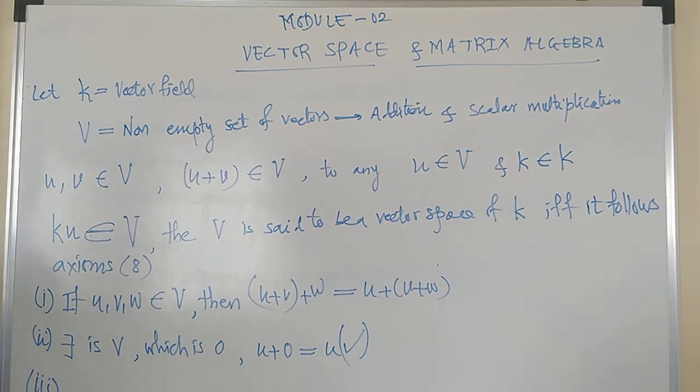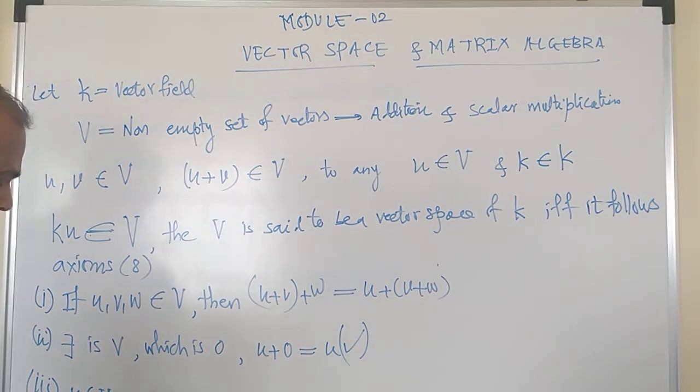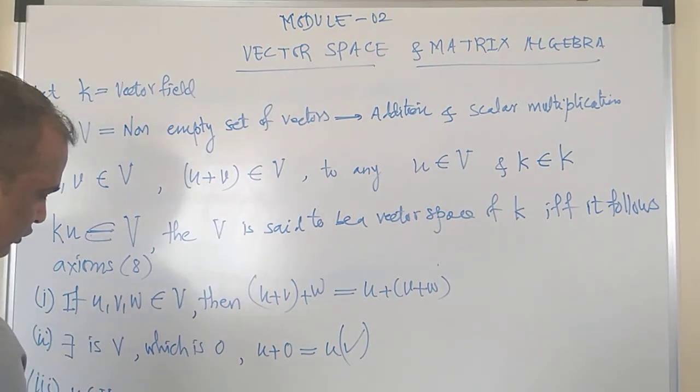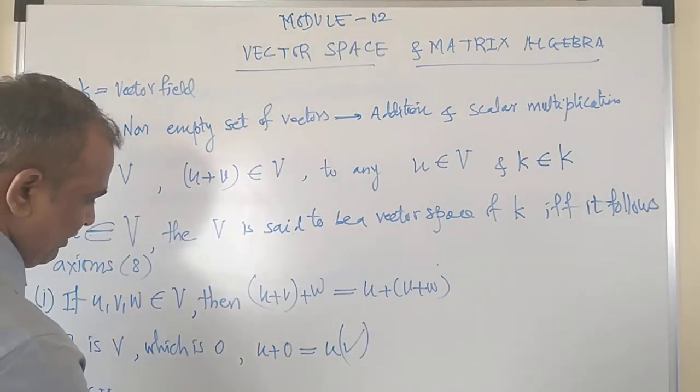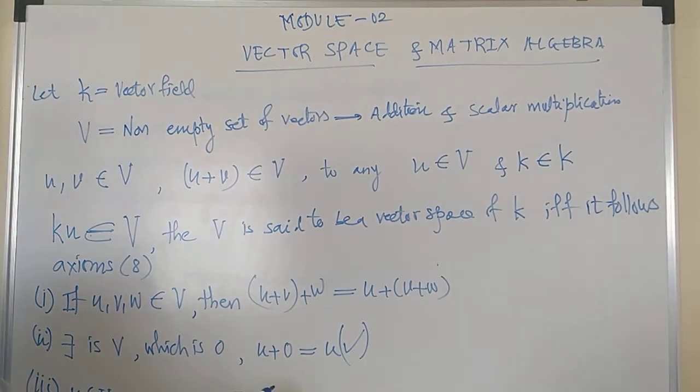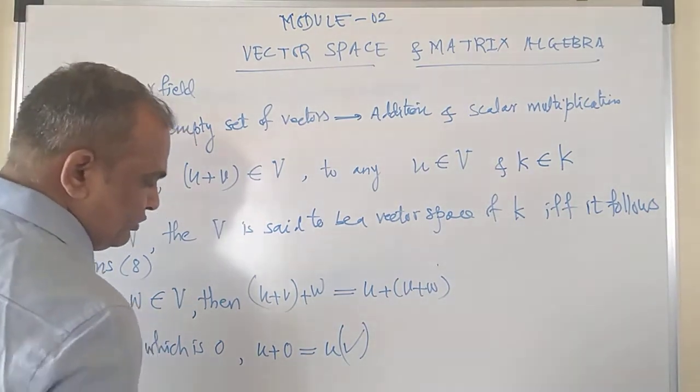For each vector u which belongs to a vector space capital V, there is another vector called minus u, which is called the negative vector of vector u, so that the addition of these two, u plus (minus u), is equal to 0.